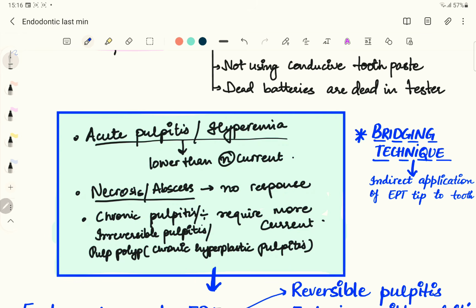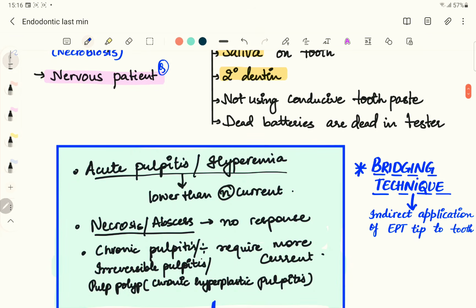Suppose you are doing an EPT on a control tooth, and it shows a value of, say, 25 in a normal contralateral or control tooth. But when you perform electric pulp testing on a tooth with acute pulpitis, it will show a painful stimulus only at 10. So the value is lower. That means the patient has acute pulpitis.